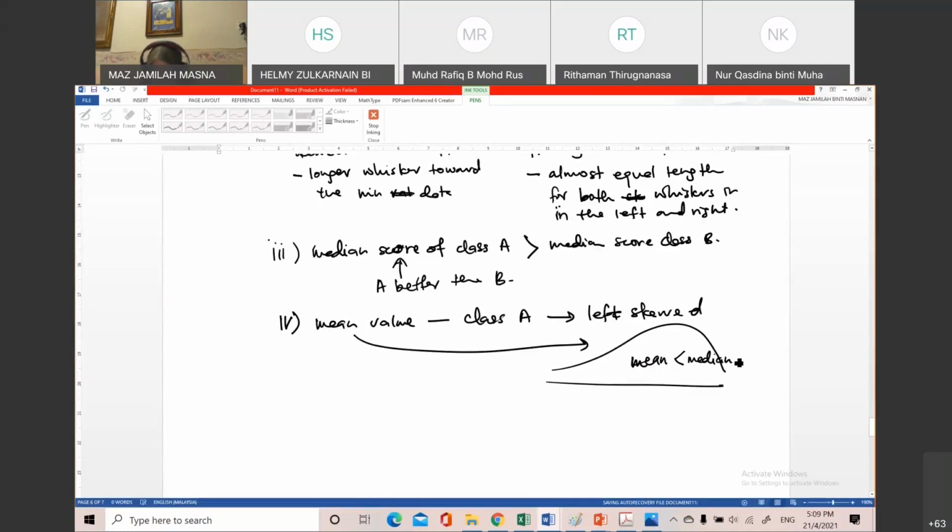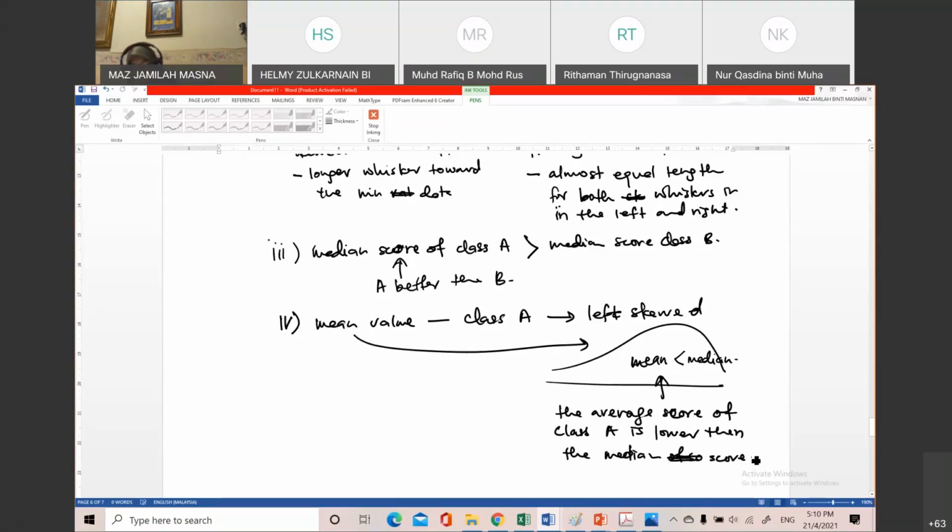And we know that the average score for class A is lower than the median. So from here we can say the average score of class A is lower than the median score.